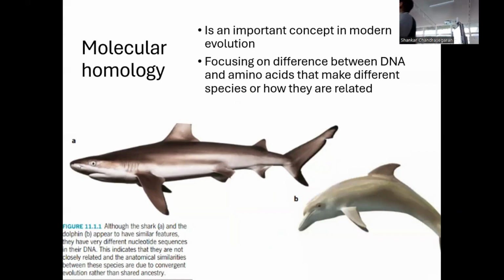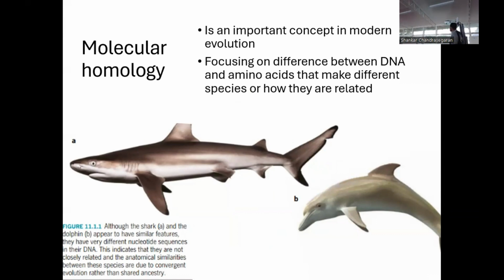So far we've looked at structural morphology and how we can use that to link back to relatedness, both in terms of vestigial structures and also homologous structures. Now we're going to study their genetic makeup.